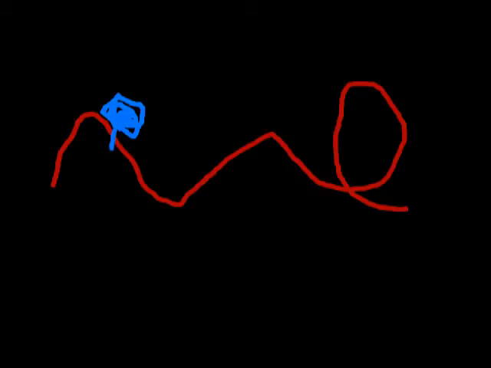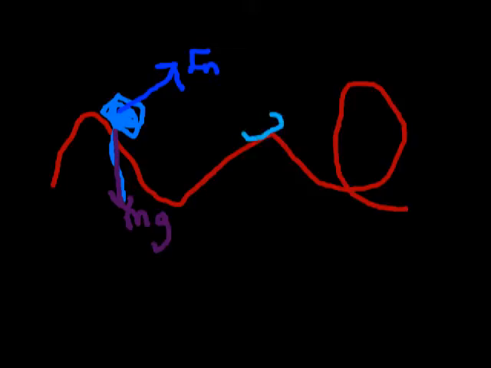First, the forces acting on this object are gravity, the force due to gravity, which is a conservative force, and the normal force, which points perpendicular to the surface at every single time. At this instance in time, the normal force points perpendicular to the surface, and the force due to gravity always points down.